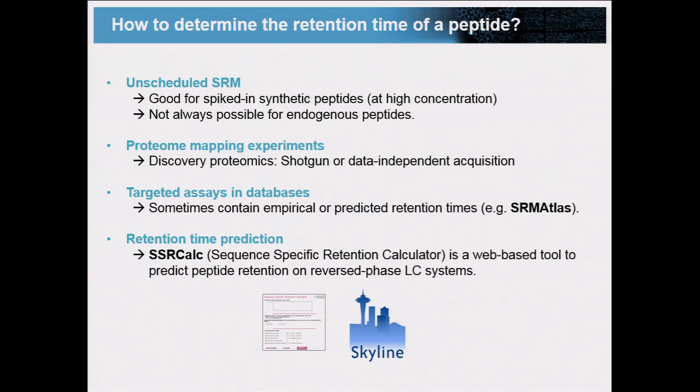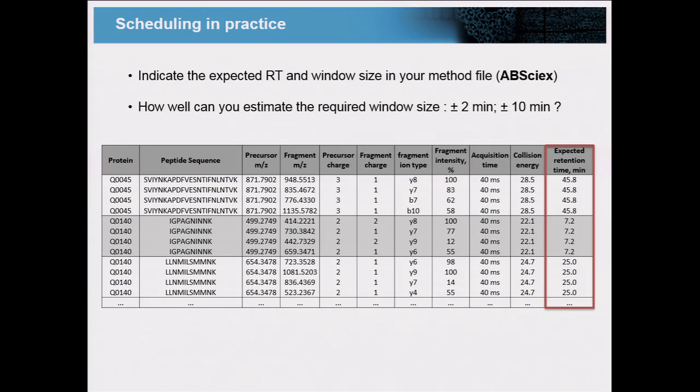And I have to say, it does a reasonable job, so it's better than nothing, and in most cases, it will get a guess that is fairly reasonable. So in general, we always say, even if you don't have any information, some information, for example, from SSRCalc is better than no information, and that's always a good place to start. But it's not the only place, and there are ways to do it better, and this is what we're going to be explaining.